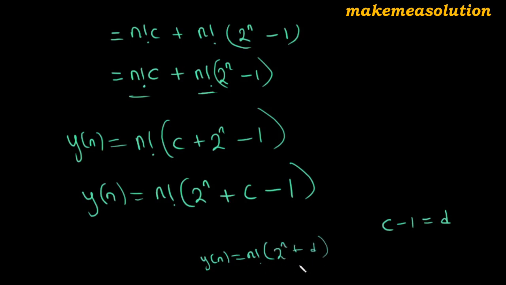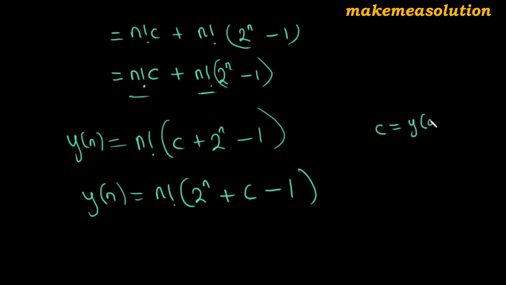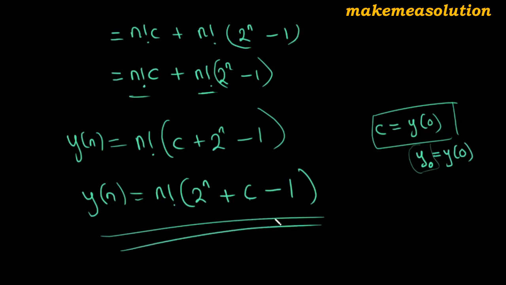Well, if you want to do that, no problem, but I won't advise you to do that in this particular situation. Let's just stick with our original c. And remember, c is your y naught, your initial condition. So your y of 0 is also represented as y naught sometimes. Okay, y naught is actually y of 0, and this is it pretty much.